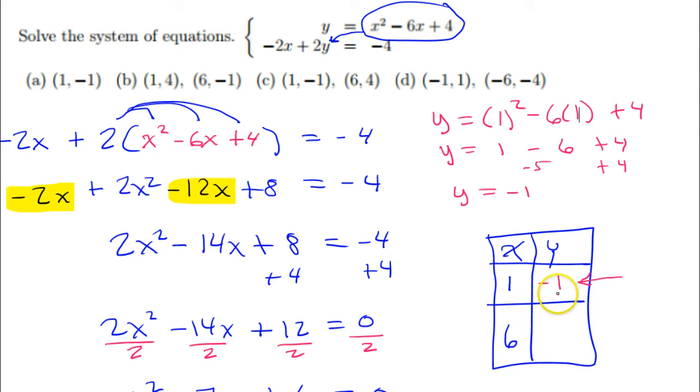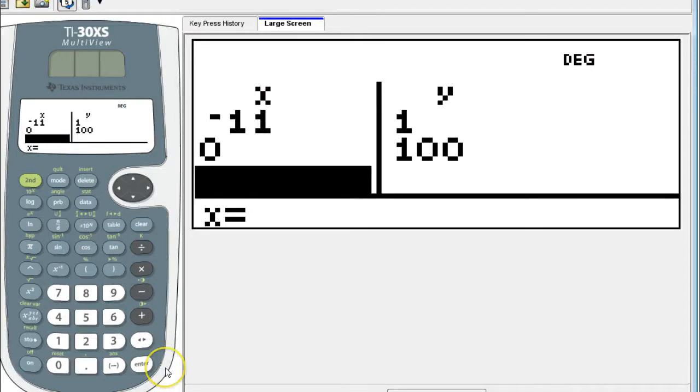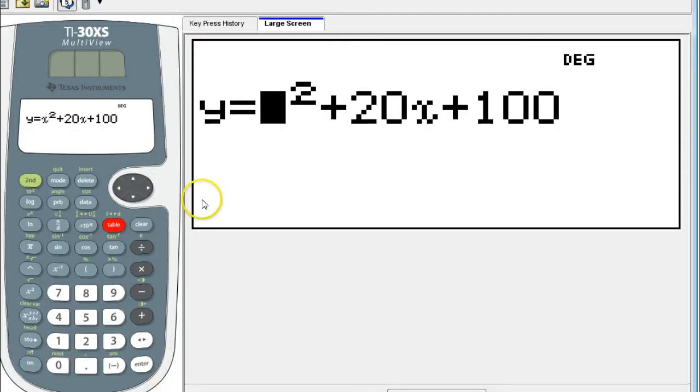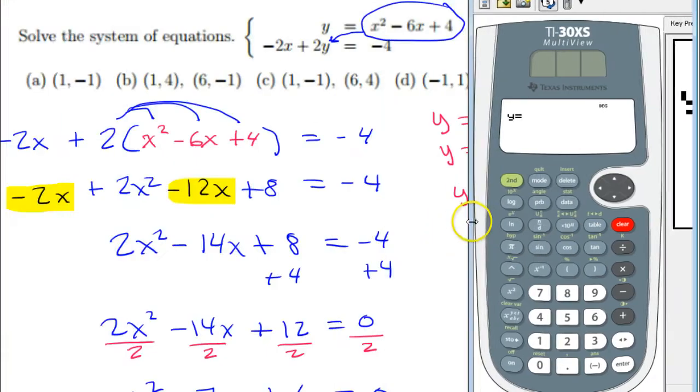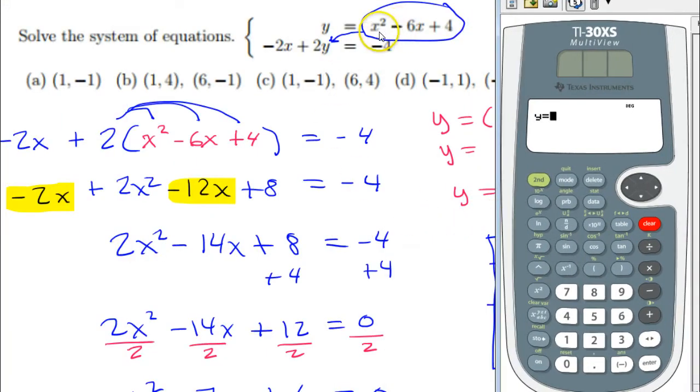Now that's sort of the long way. If I have access to a TI-30XS MultiView, then I might use the table feature. So see this equation, y equals blah. So I might just type this into my calculator if I want to save myself some time. X squared minus 6x plus 4. And you know what?